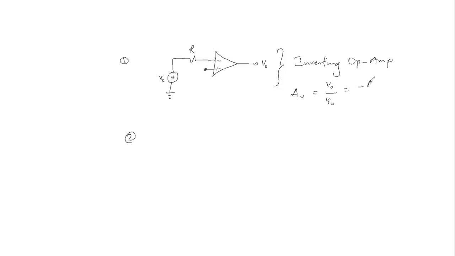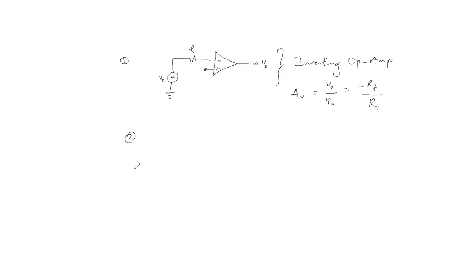And here we saw that it was the inversion, where this negative sign denotes the inversion, that is negative of the ratio of the feedback resistance to the resistance R1 connected at the input side.